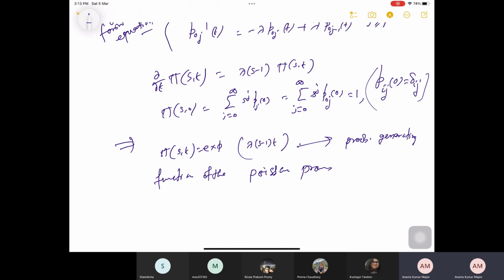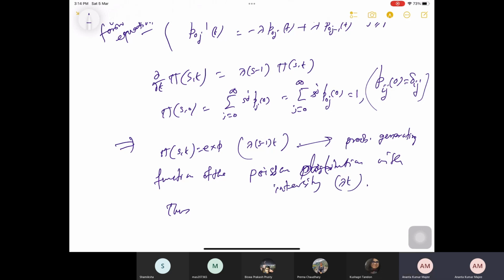Or the Poisson distribution with lambda t distribution, no? With a Poisson random variable with intensity lambda t. So thus, maybe this is the probability generating function of the Poisson distribution with intensity, say, lambda t.